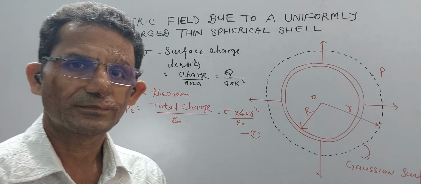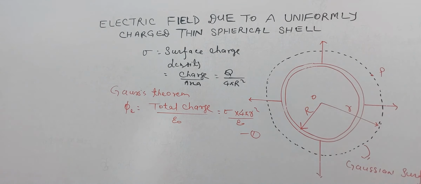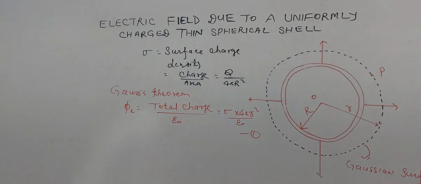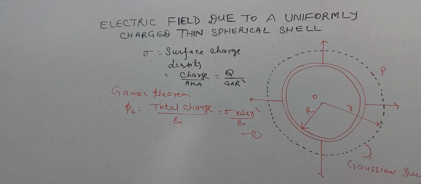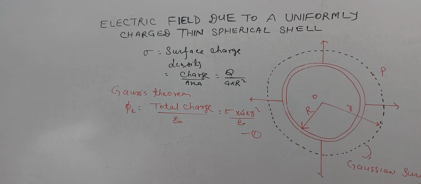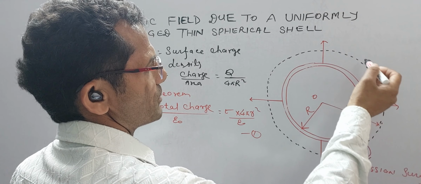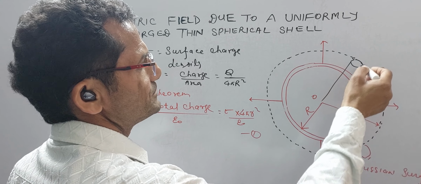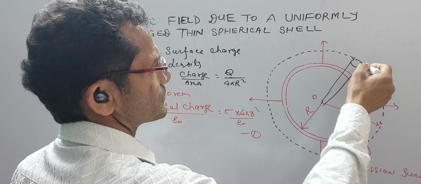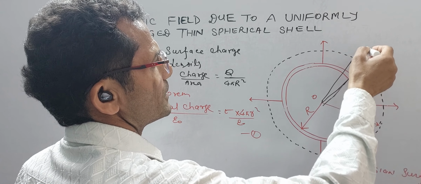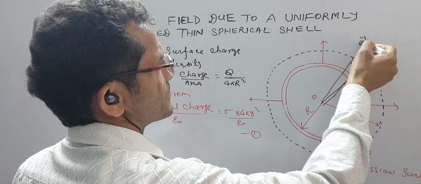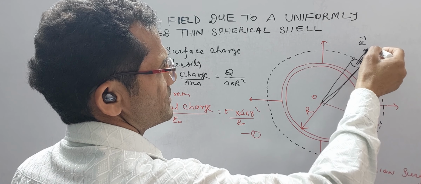Now using the electric flux formula, take a small area on the Gaussian surface, and consider the flux passing through it. The electric field will be radially outwards, and the area vector is also in the same direction, suppose the area is dS.